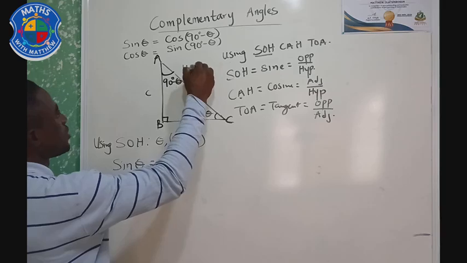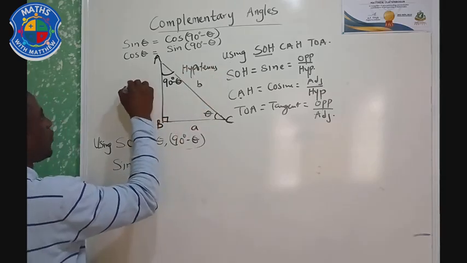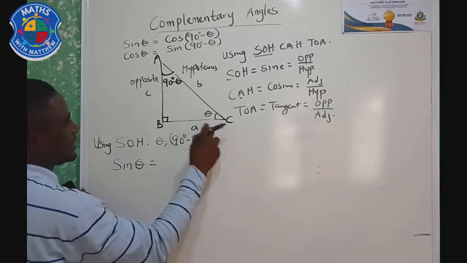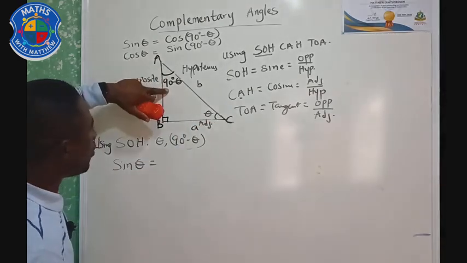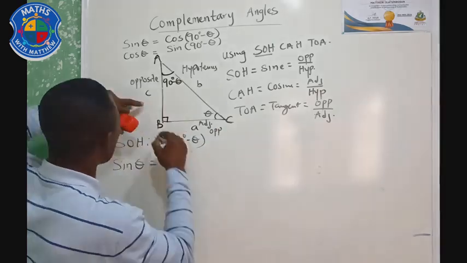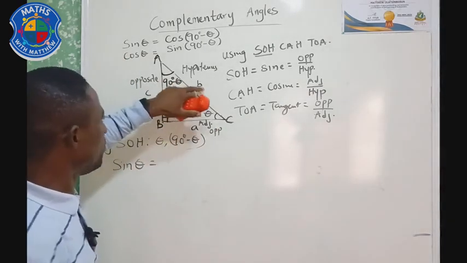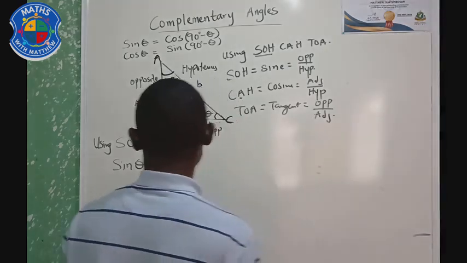This is your hypotenuse. So to this theta, this is the opposite, while this is the adjacent. Now, to angle 90 minus theta, this is the opposite, while this is the adjacent. You understand? For both of them, this is the hypotenuse. So that is what we want to consider now. So let's take it from here.